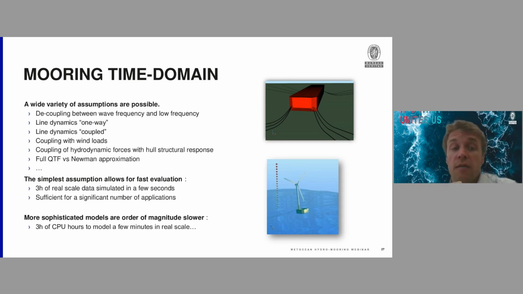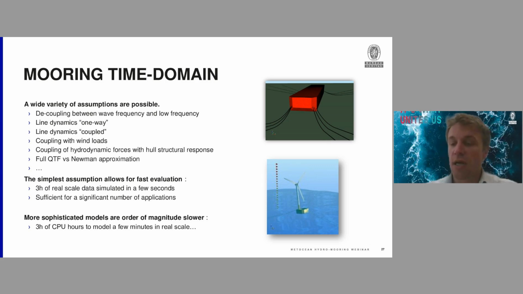On the other hand, if you want to include all the physics, if you want to have the line dynamics, if you want to couple all the different loads between the structure, the mooring lines, the wind, etc., the calculation time will be the other way around. It will be many hours of CPU time to calculate only minutes of real scale. I will not go into the detail of each assumption.